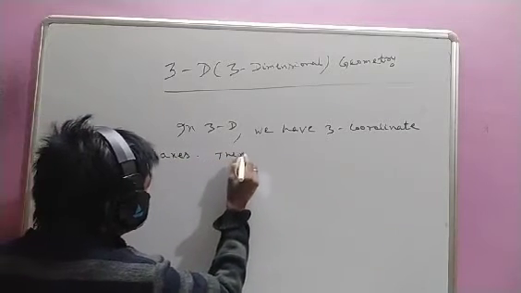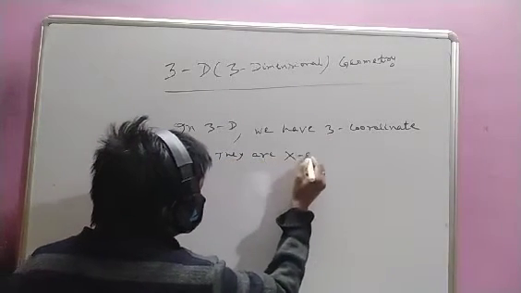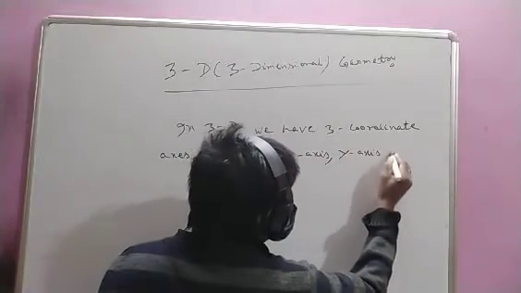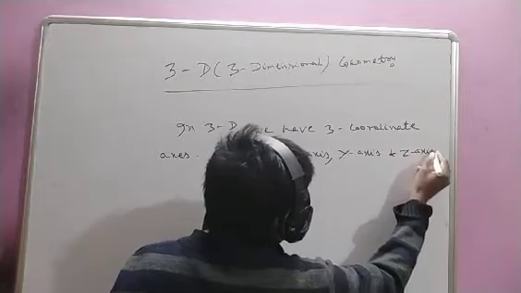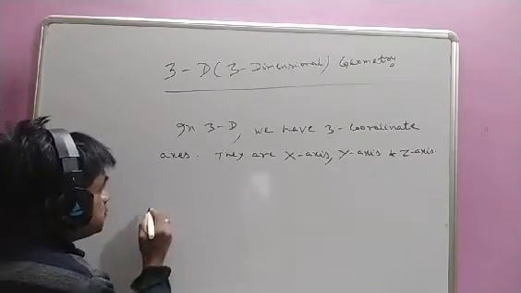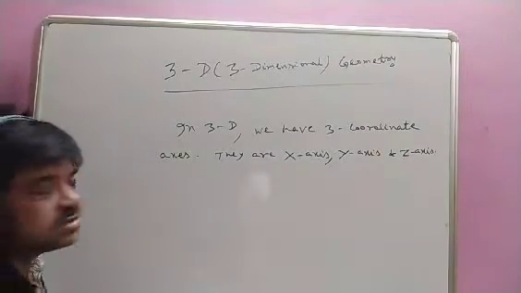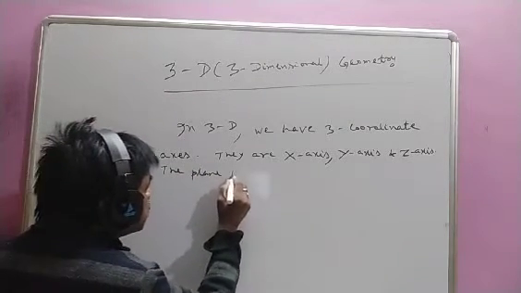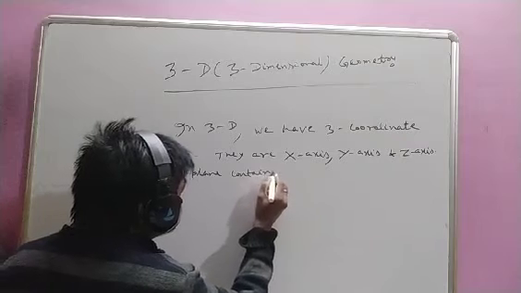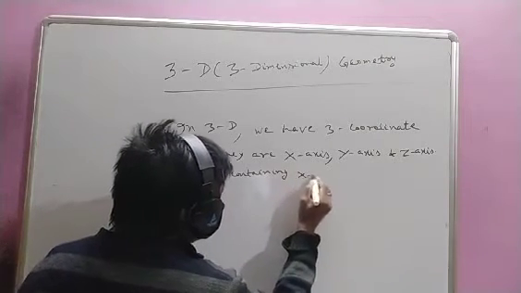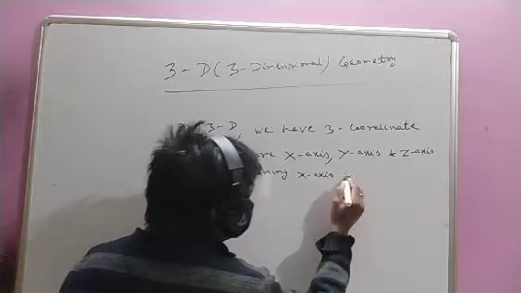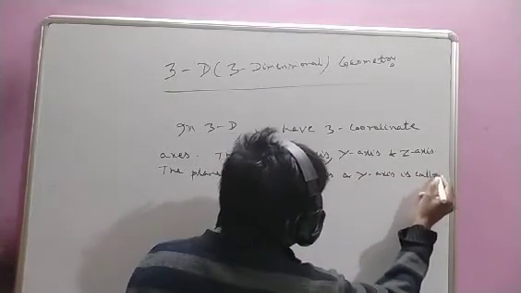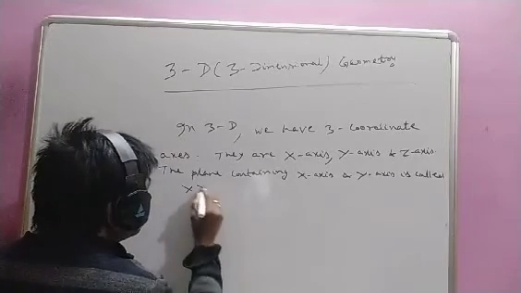They are x-axis, y-axis and z-axis. Now write the plane containing x-axis and y-axis is called xy plane.